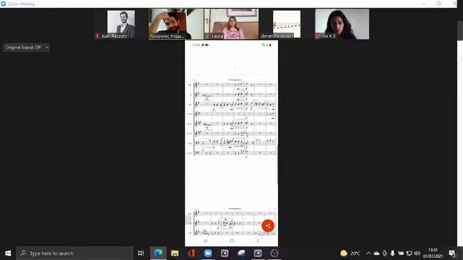Could we cheat and ask for the second flutist to play the piccolo for 2 bars? Well, that is not so common. You mean the second player leaves the flute and takes the piccolo? Yes.